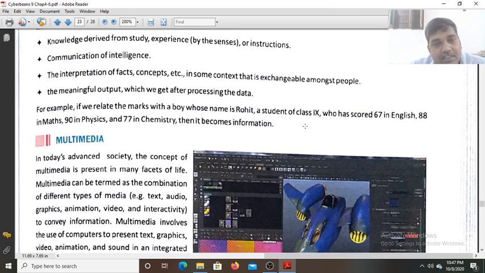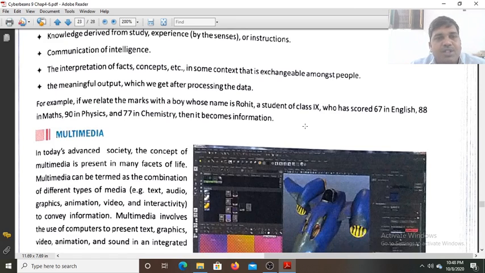Maybe you are instructing your juniors, maybe you are receiving instructions from your seniors. So in both the cases, either you are imparting the knowledge, or you are receiving the knowledge.